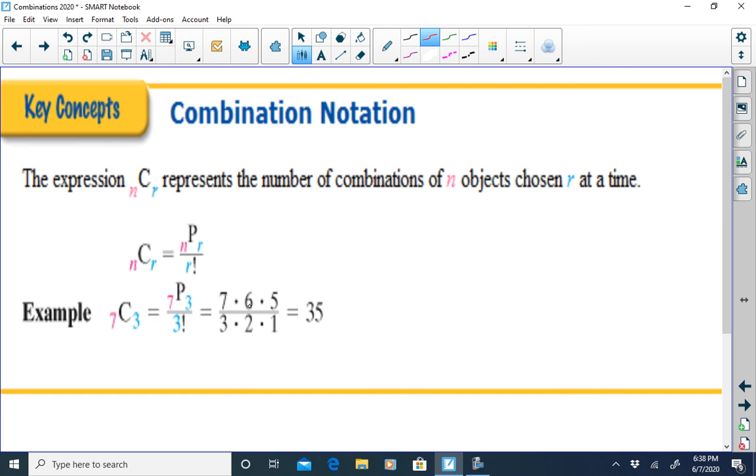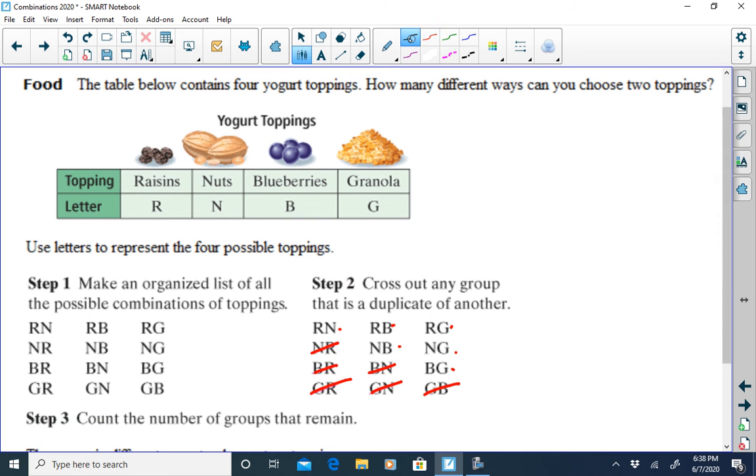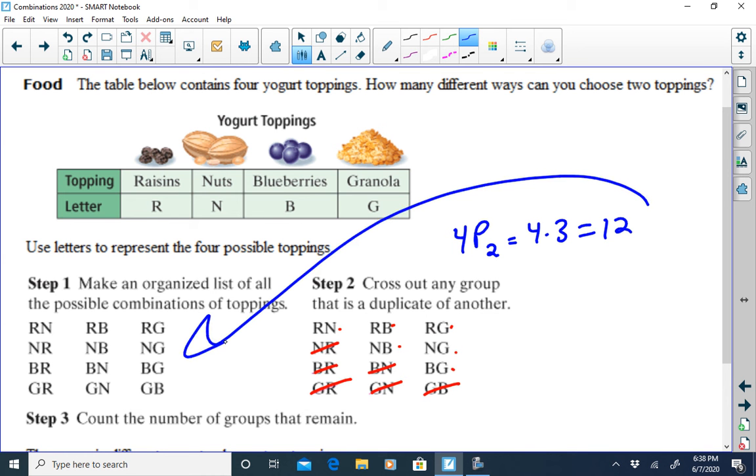So that would be 7 times 6 times 5 divided by 3 times 2 times 1. Let's go back and take a look, and we'll show that here. If we take a look at 4P2, that's going to be 4 times 3, which we know is 12, and that's the number of permutations.